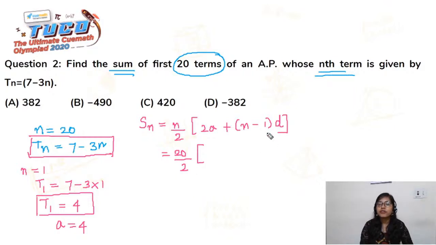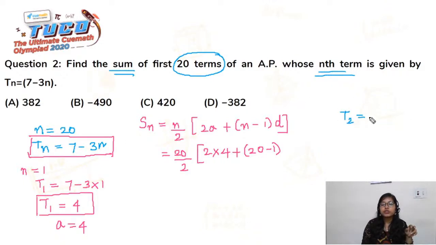And how do we get the value of d? Let me quickly tell you. 2 times 4 plus 20 minus 1. Now to calculate d, we at least need the second term. To calculate the second term, we would take the value of n as 2. So T2 is going to give us 7 minus 3 times 2. Go back to this equation and substitute the value of n as 2.